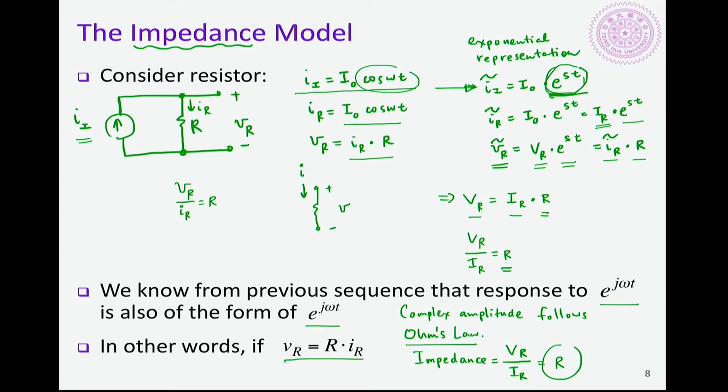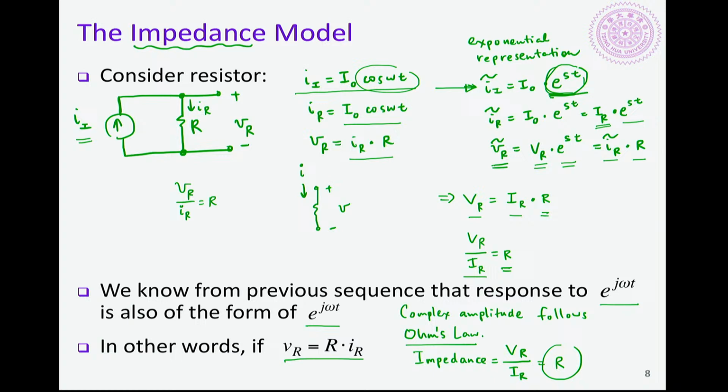Okay, so we define that the impedance is the ratio of the complex voltage across this component divided by the complex current of this component. So for a resistor, the actual case is that we apply a sinusoidal current over a resistor, so that I equals I0 times cosine omega t.